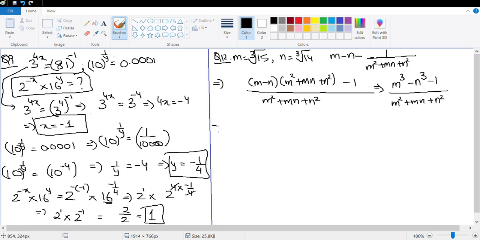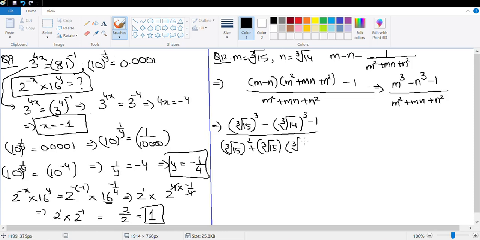Now let's replace the values. So m is third root of 15, cubed, minus n is third root of 14, cubed, minus 1 upon m square plus mn plus n square, which is third root of 15 squared plus third root of 15 into third root of 14 plus third root of 14 squared. I don't think I'll need the denominator, but I've still replaced values.